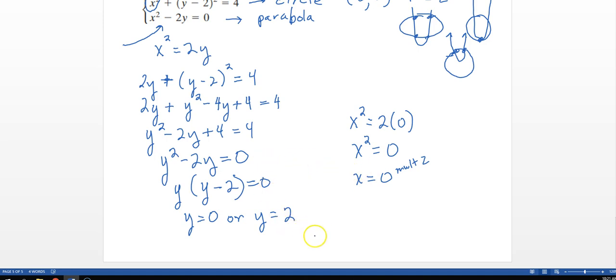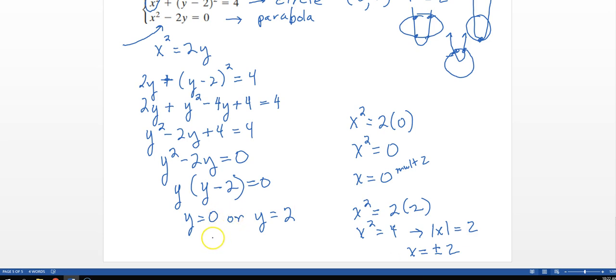And if y is equal to 2, then x squared is equal to 2 times 2. So x squared equals 4, which means the absolute value of x is equal to 2. So x is equal to plus or minus 2.